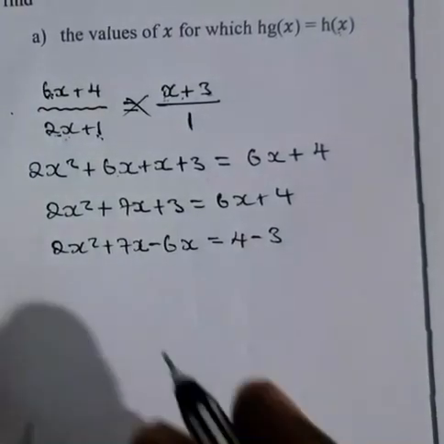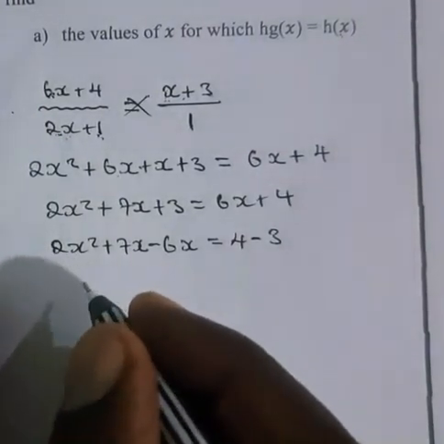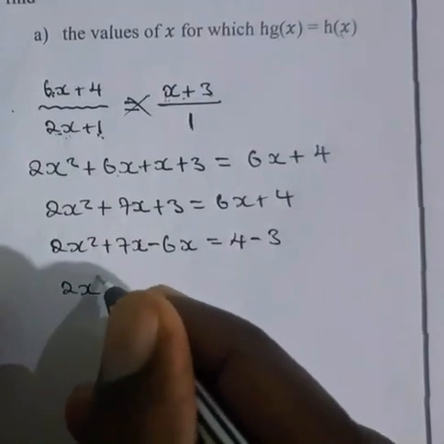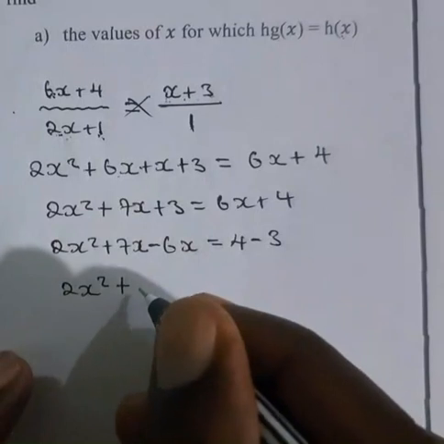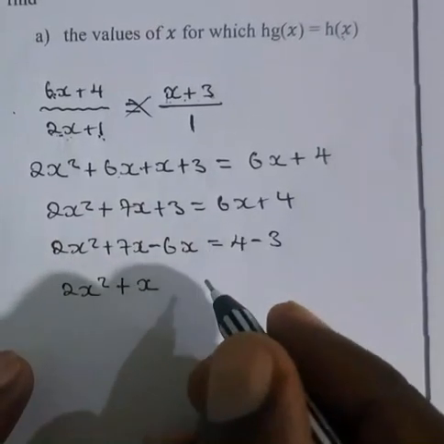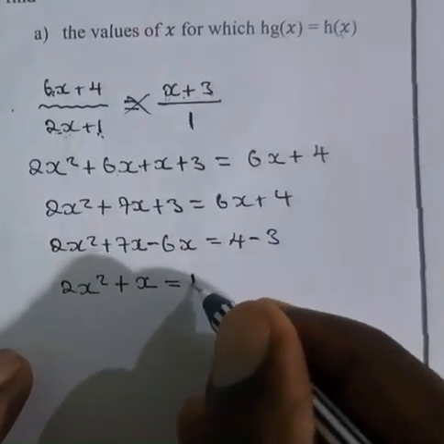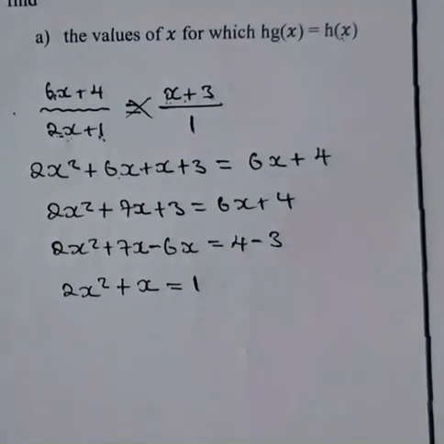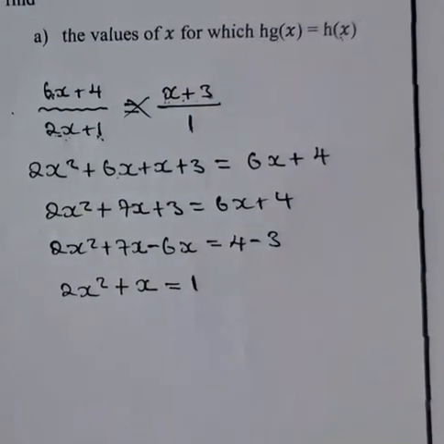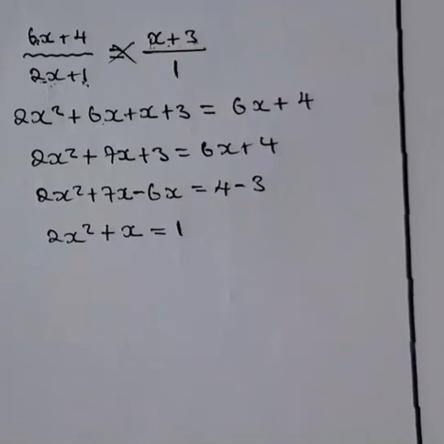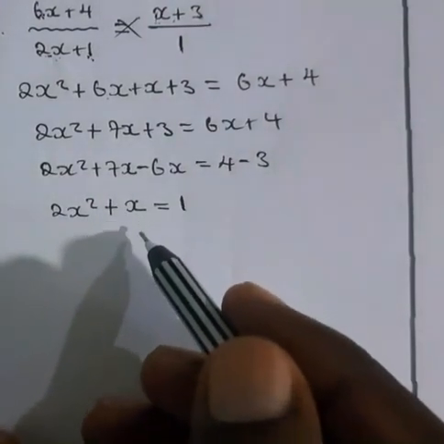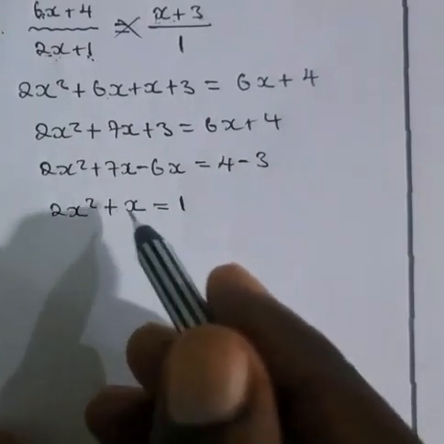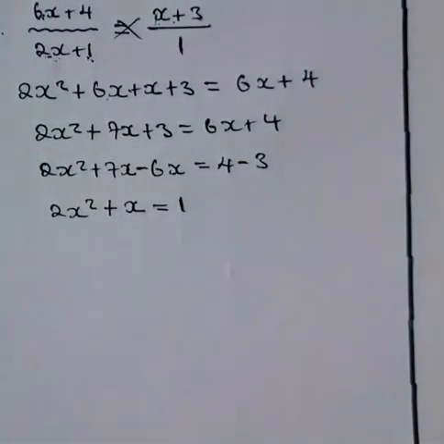So this now will become 2x squared plus 7 minus 6, that is x, is equal to 1. So we can form a quadratic equation from this by moving this one to the other side and making the whole expression equal to 0.